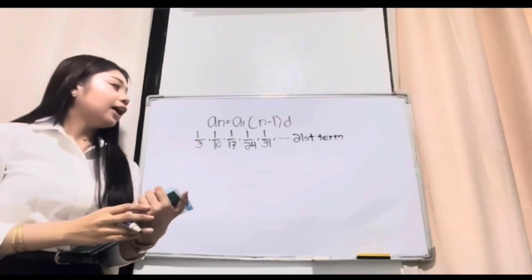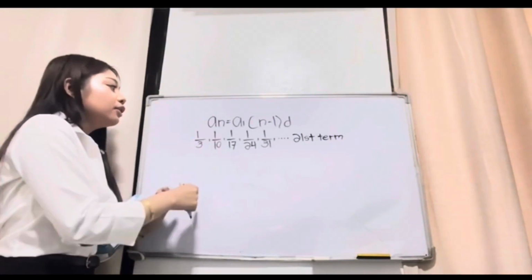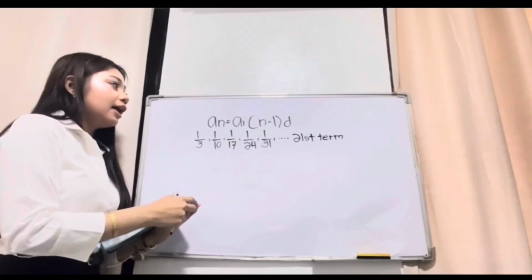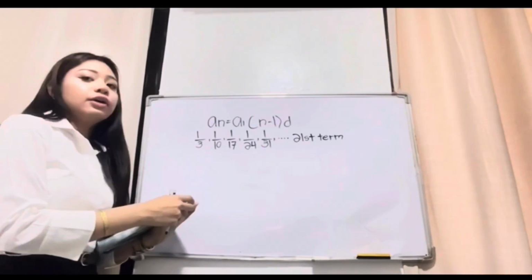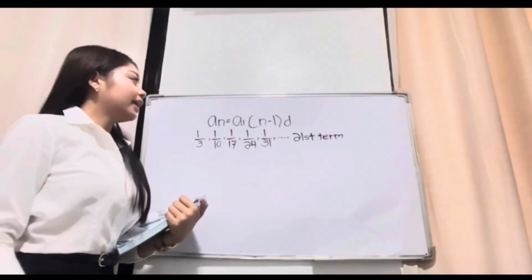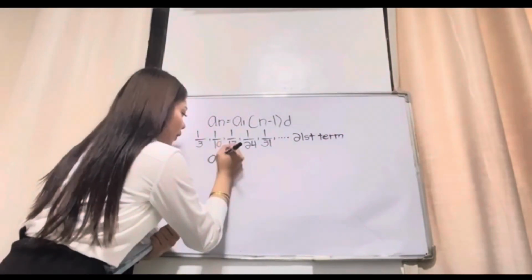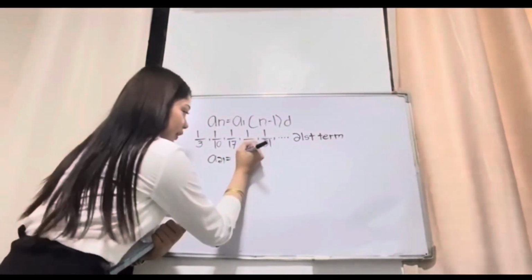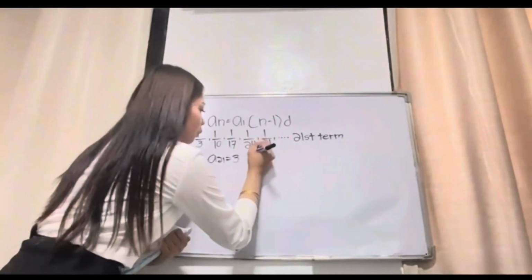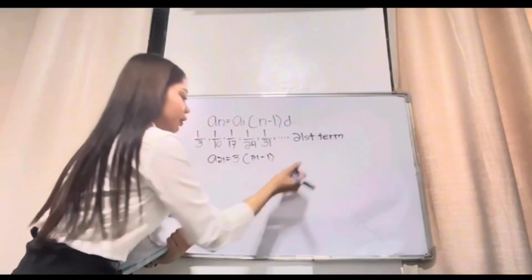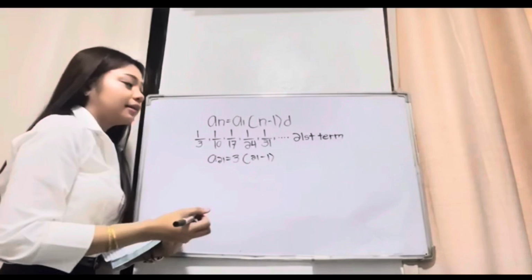And now, we have 1/3, 1 over 10, 1 over 17, 1 over 24, and 1 over 31, and so on. And the term is the 21st term. So now, a sub n becomes a sub 21 equals a sub 1, which becomes 3, plus quantity 21 minus 1 times the common difference 7.